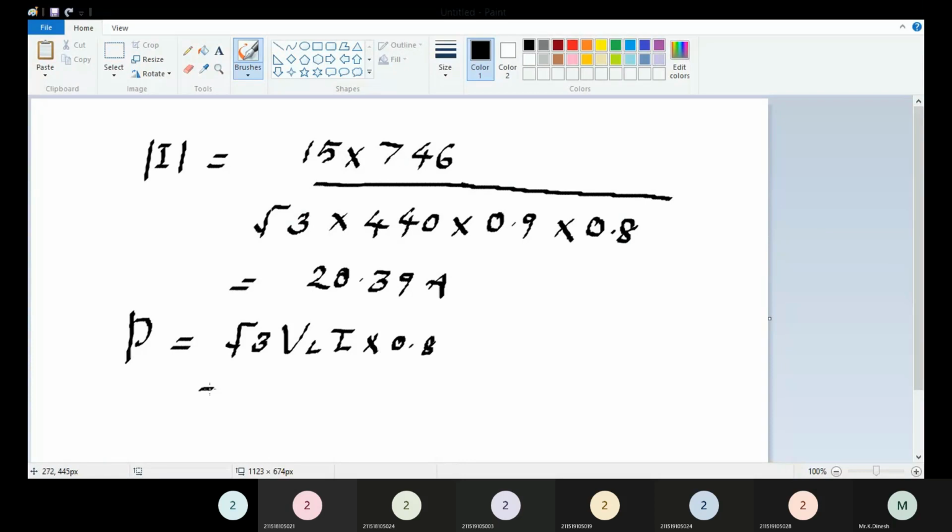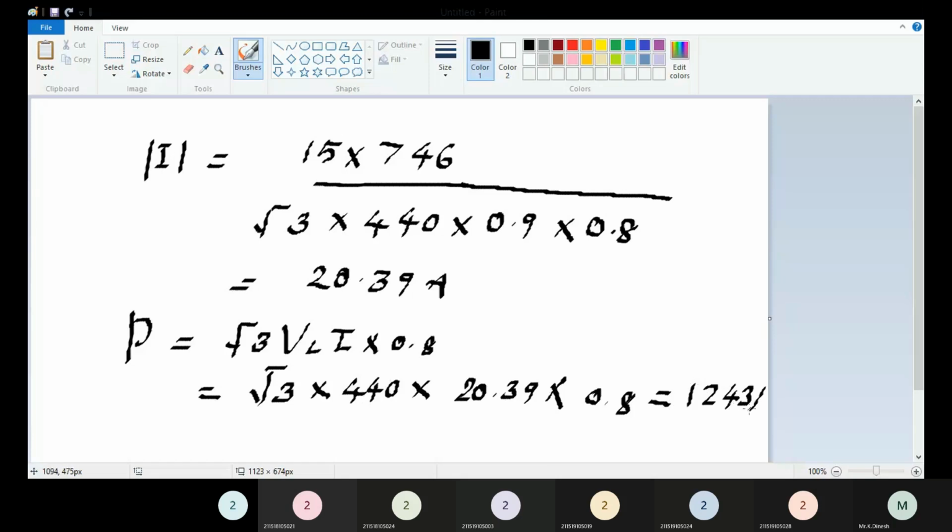VL is 440, and I we determined just now. So 20.39 into 0.8. It is 12431 watts, or 12.431 kilowatts.